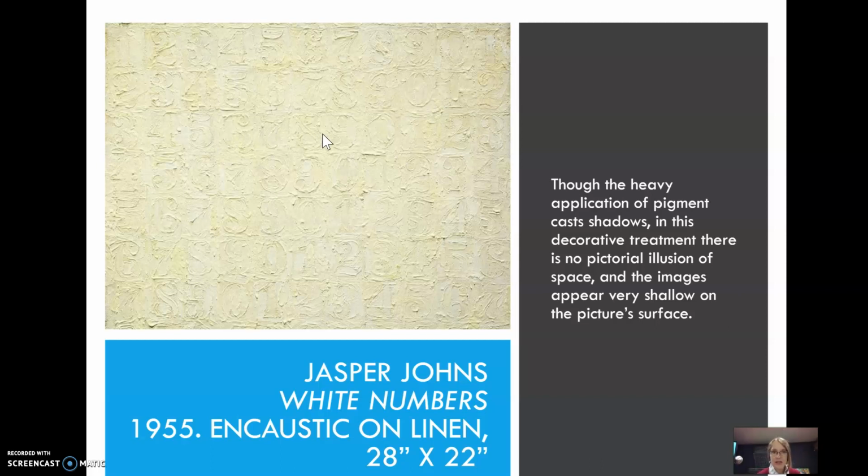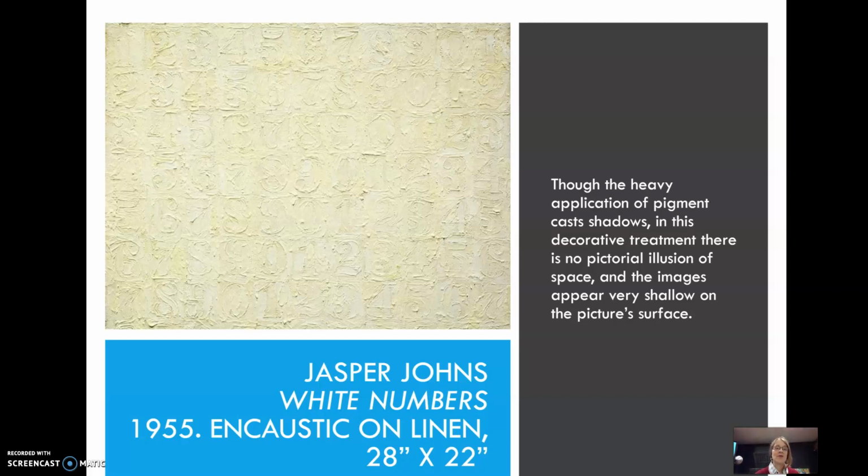But because he's using the encaustic paint, he's creating actual texture in the painting, because there's surfaces that are actually popping up, and you can see a few shadows as well when the light hits the front of the painting.